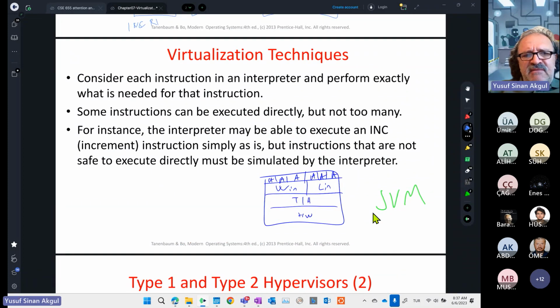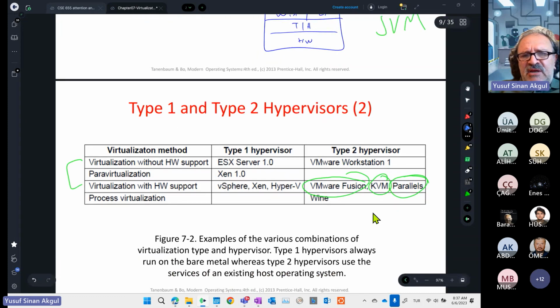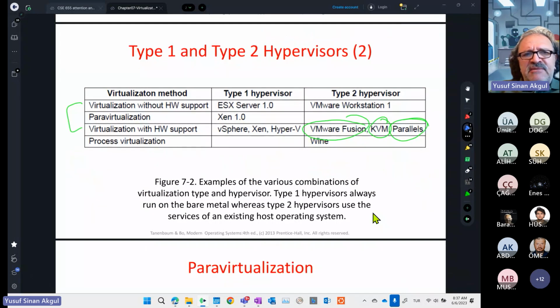I think we were around here, right? Yeah, we were talking about type 1 and type 2 hypervisor examples. The most common hypervisors that we use are, I guess, this one and this one.